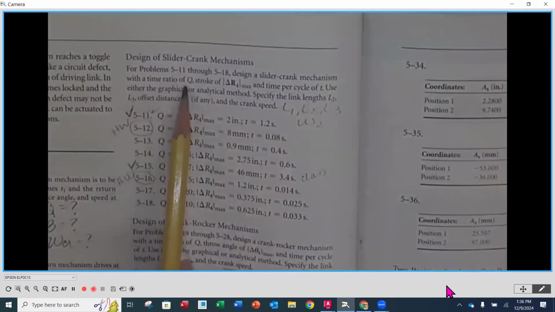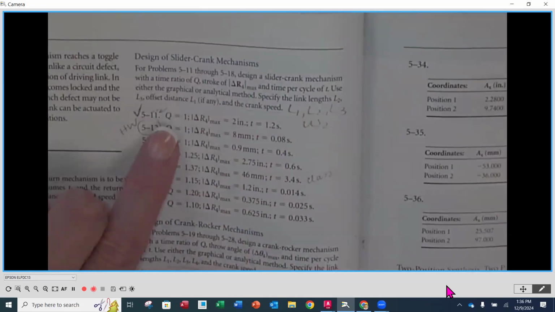Our first practice problem is 511. Our second practice problem is going to be 515. So here it says for problems 511 through 518, design a slider crank mechanism with a time ratio of Q. Q is listed for each one of these. So for number 11, Q is equal to 1, and we'll identify that in just a little bit.